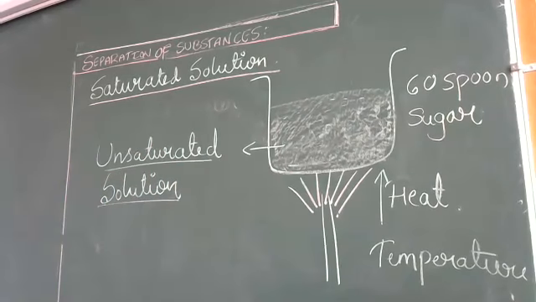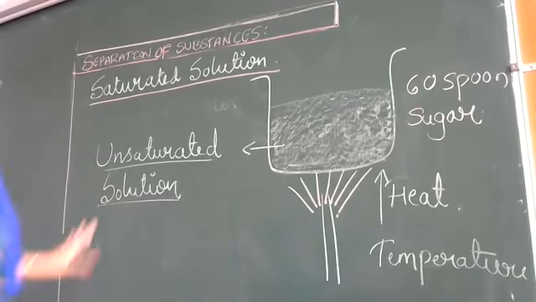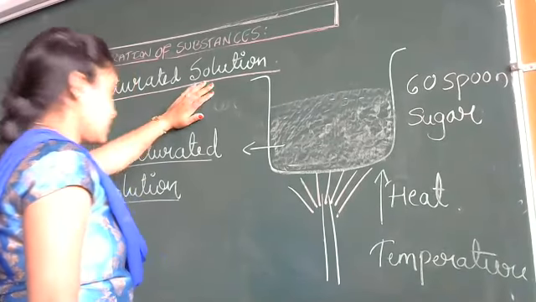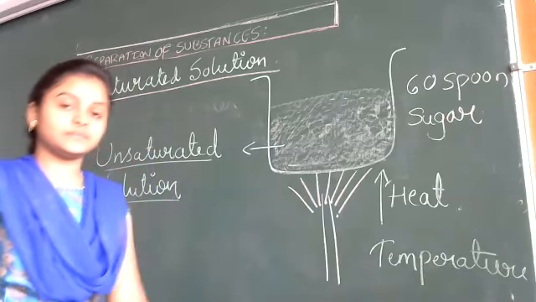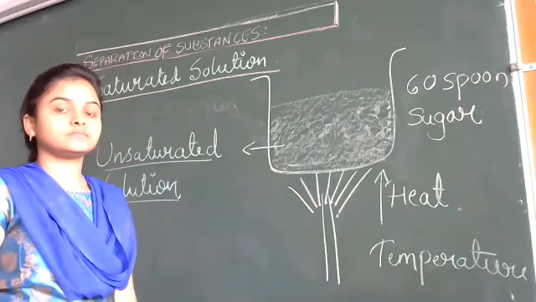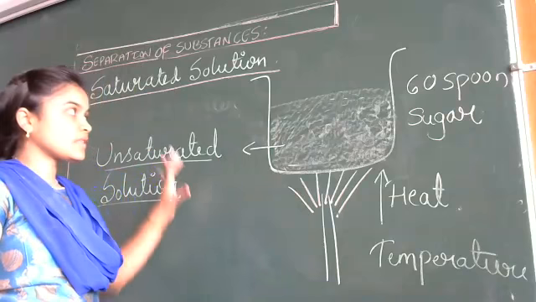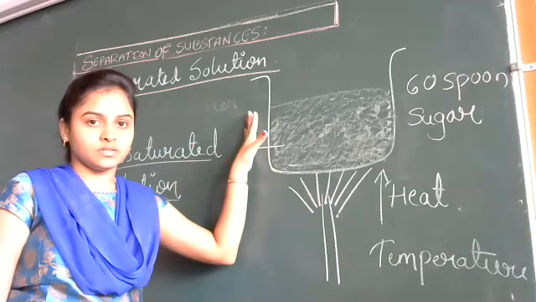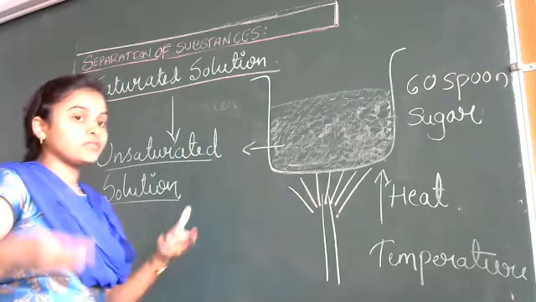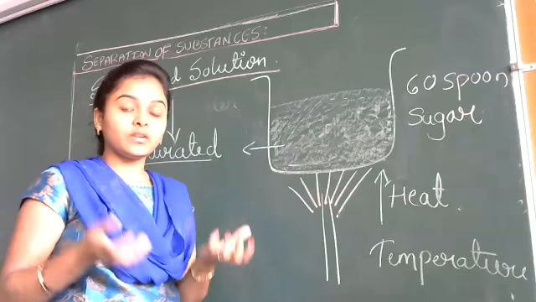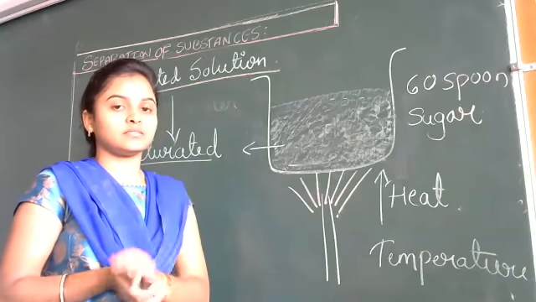Yes, ma'am. Anybody having doubts? No, ma'am. So here, for making this unsaturated solution, what do we require? We took a saturated solution, and to make it unsaturated, what extra thing did we take?